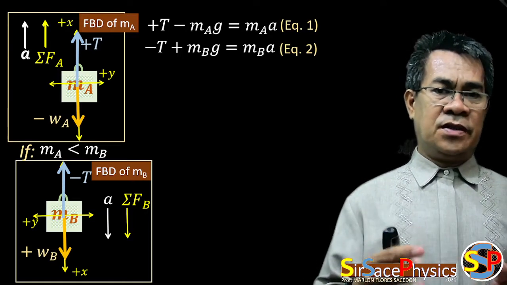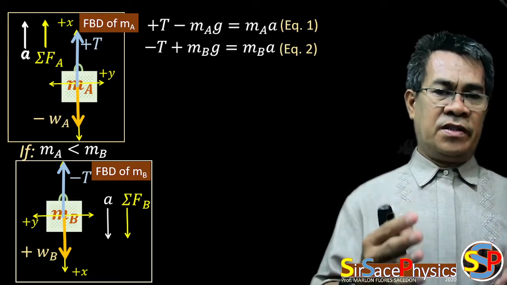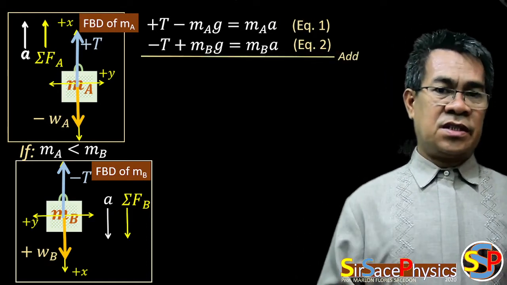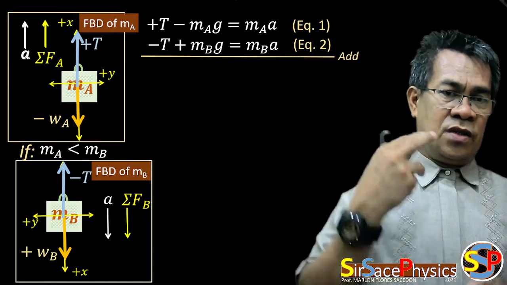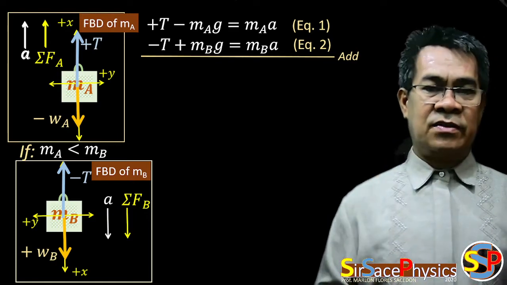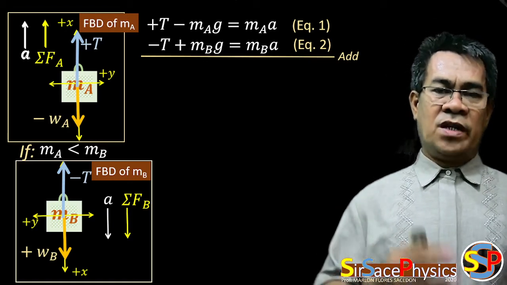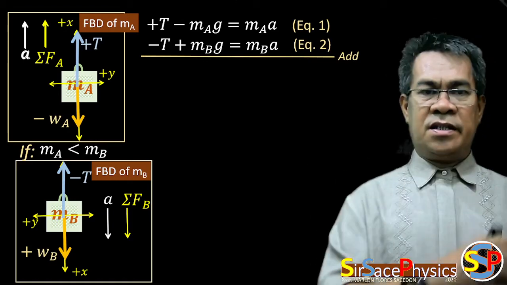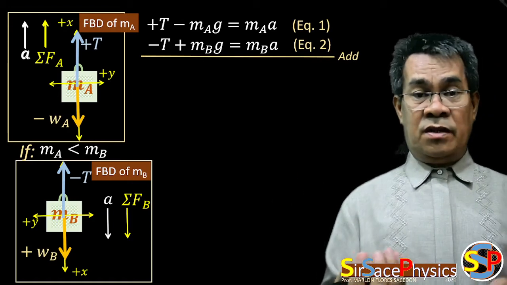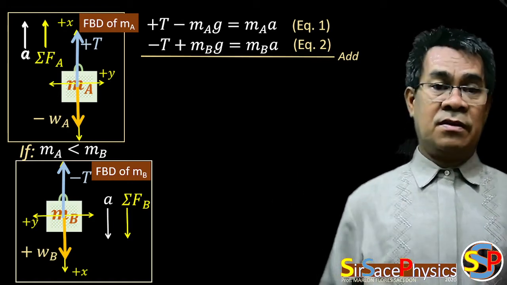The best thing to do in algebra to eliminate one of the variables is to add the two equations algebraically, because the moment you add the two equations, you are eliminating T, which is the tension in the cord. One is positive, the other is negative, so if you add that, it will be cancelled out. So in that case, we have only A as the variable.